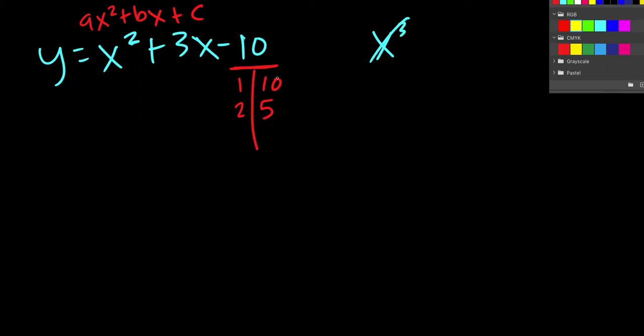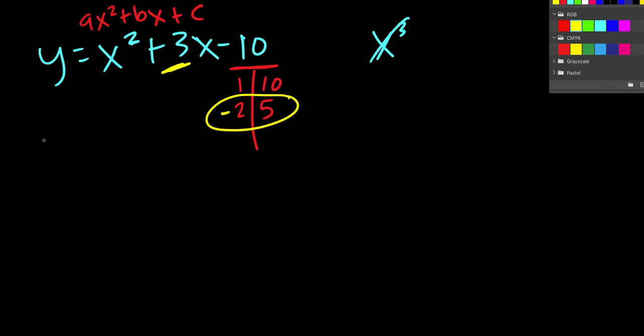So now we have these two choices, and we want to choose the ones that can either add or subtract to the b term, or the number that's in front of x, or the b coefficient is what I should say actually. Now there's no way to make 10 and 1 add or subtract 3, but if we take 5 and minus 2, then it works out.